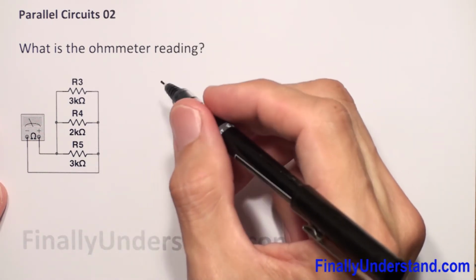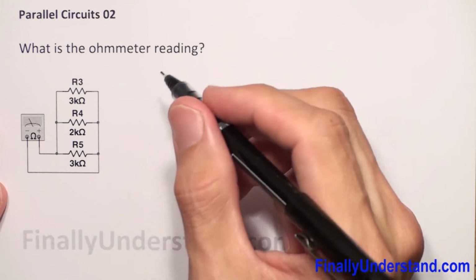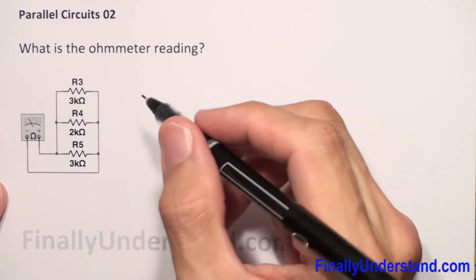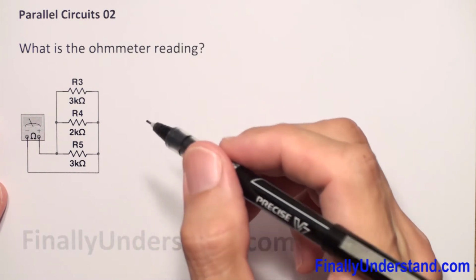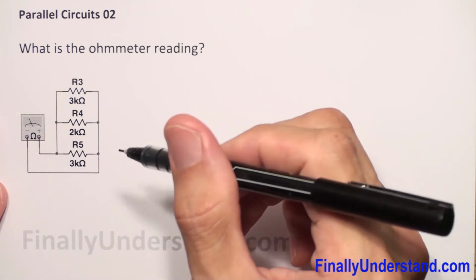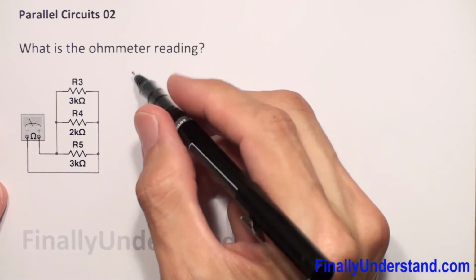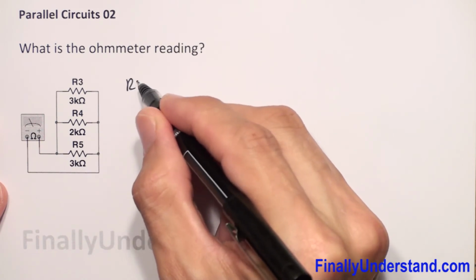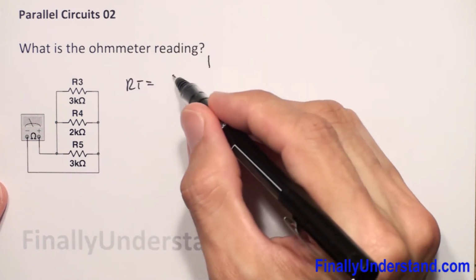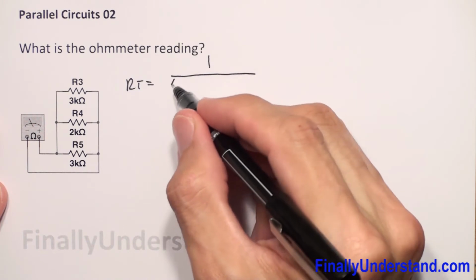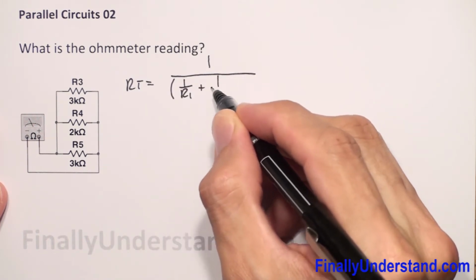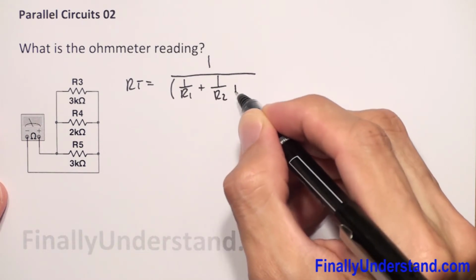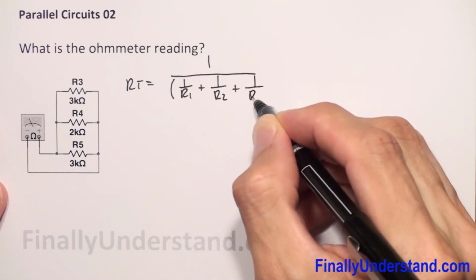So in this case, we're supposed to use the formula which is going to allow me to calculate total resistance for more than 2 resistors. Okay, so I'm going to use this formula. R total is equal 1 over, open parenthesis, 1 over R1 plus 1 over R2 plus 1 over R3.